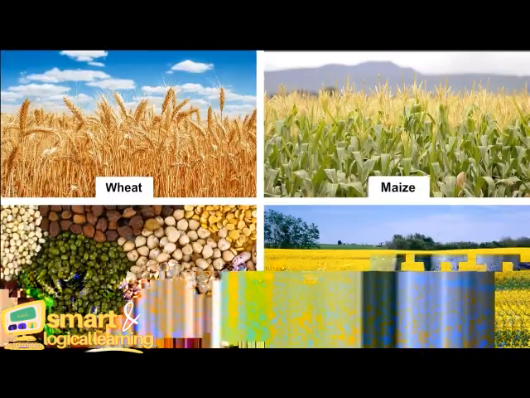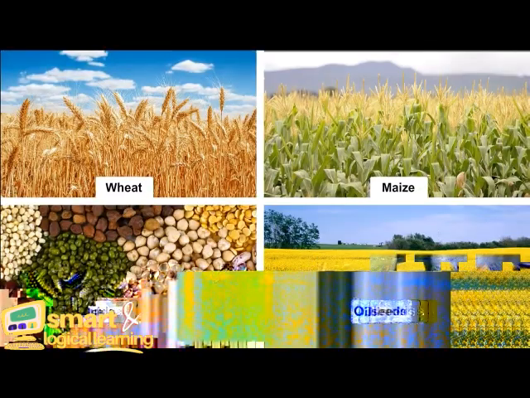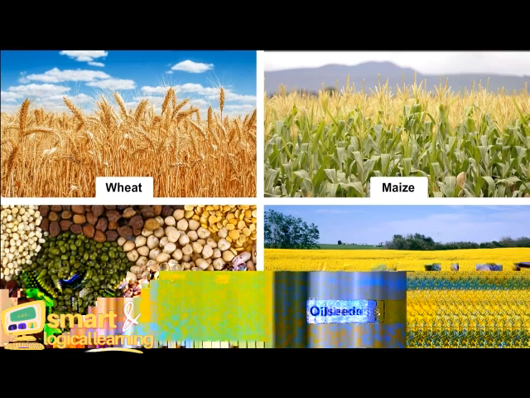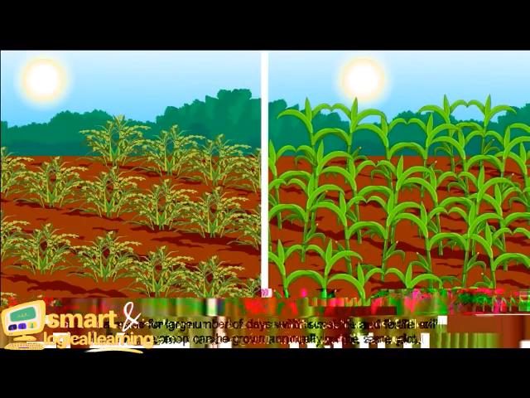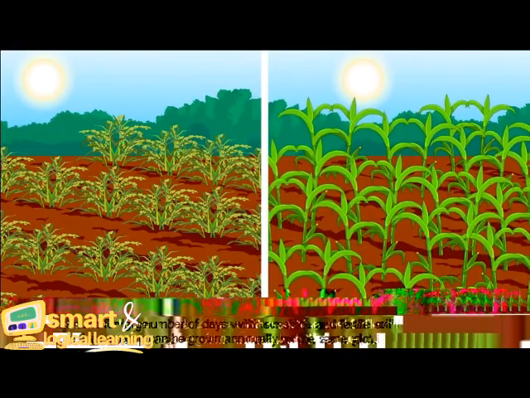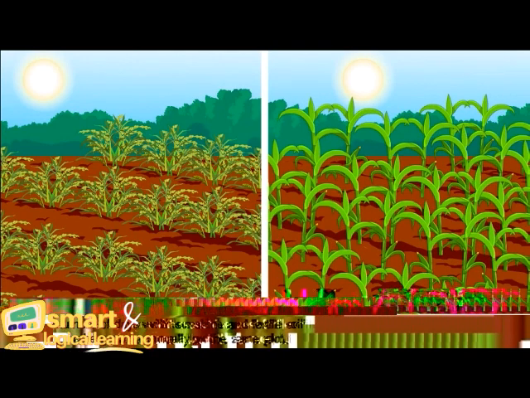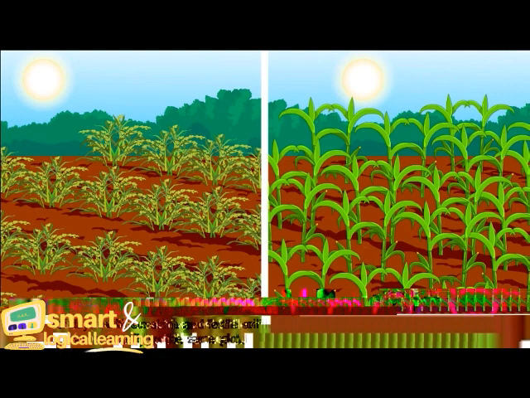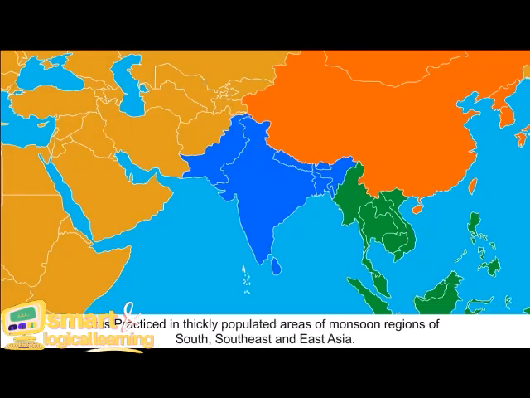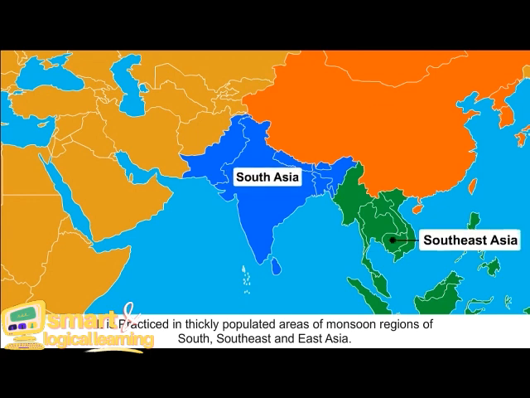Wheat, maize, pulse and oil seeds are also grown. Climate remains same for large number of days with sunshine and fertile soil. Therefore, more than one crop can be grown annually on the same plot. It is practiced in thickly populated areas of monsoon regions of South, Southeast and East Asia.